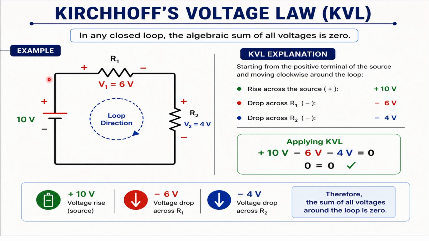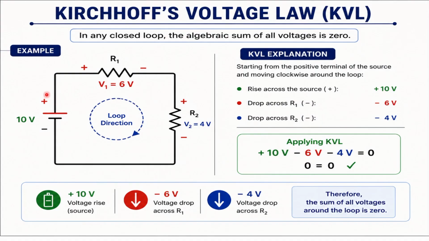Let's say we are taking in this direction. So let's say this is negative and this is positive, right? We're going to take negative 10 plus V1 plus V2 equal to 0.